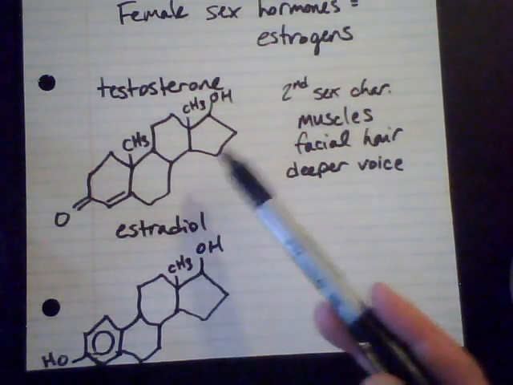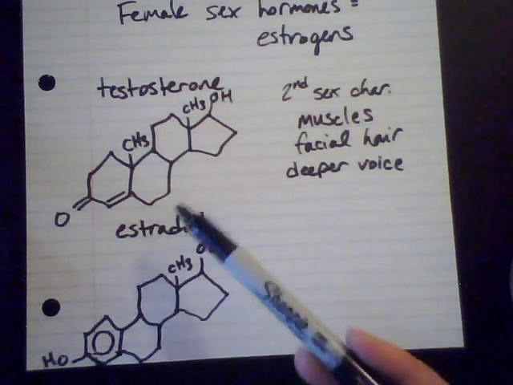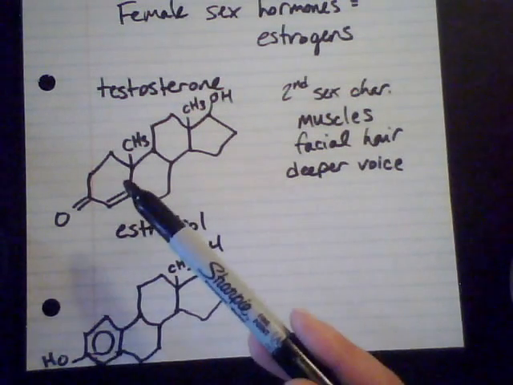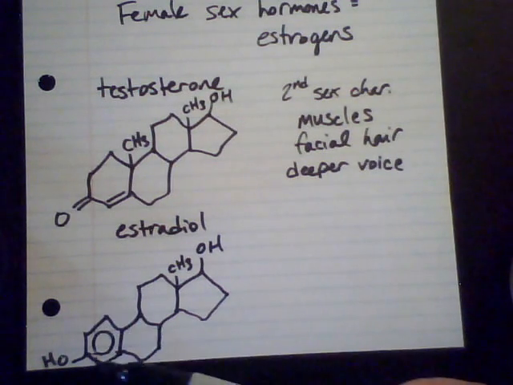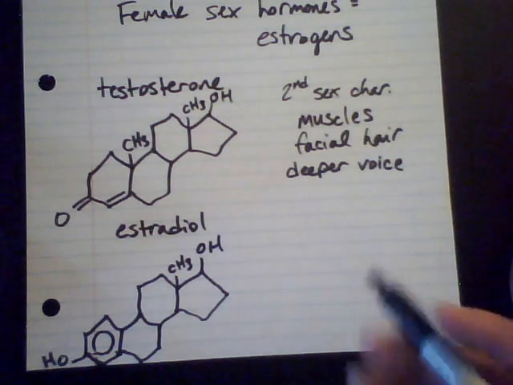And if you look at the difference between these two molecules, the major difference is the methyl group that's here and the bonding scheme, right? So this is a ketone, this is an alcohol, or a phenol if you wanted to include the benzene ring in it, and that's the only difference between the two. So estradiol is an estrogen.